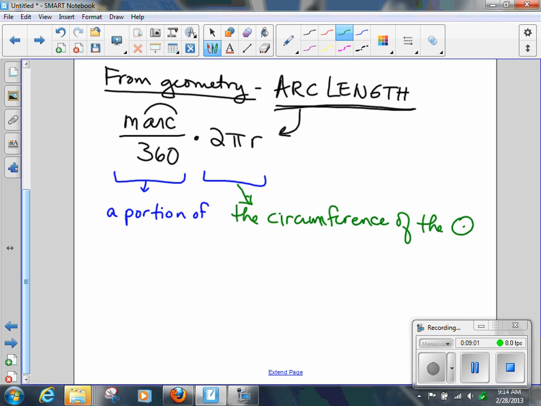Well, I know what the circumference is, but can you describe to me how you find the circumference? What is the circumference of a circle?